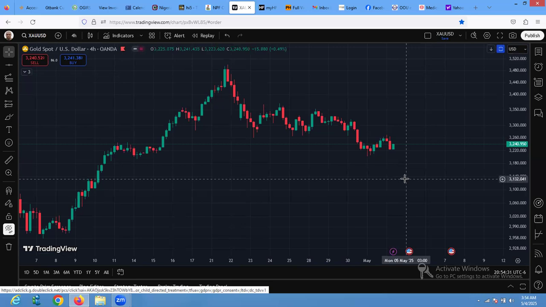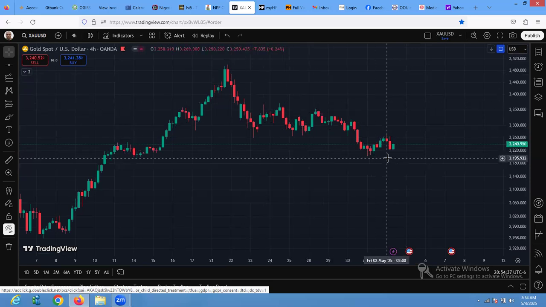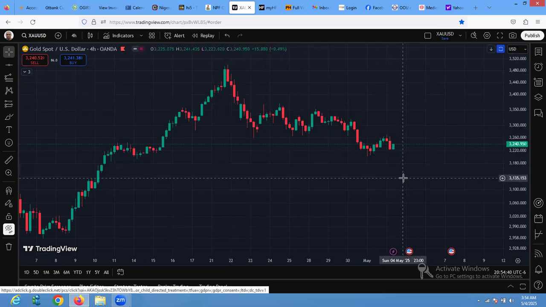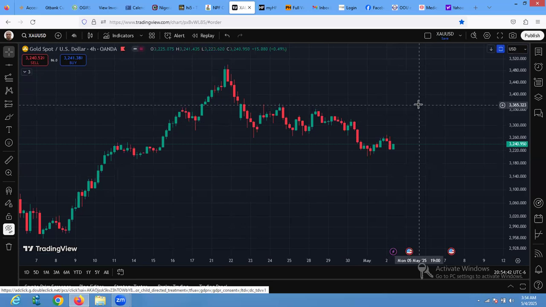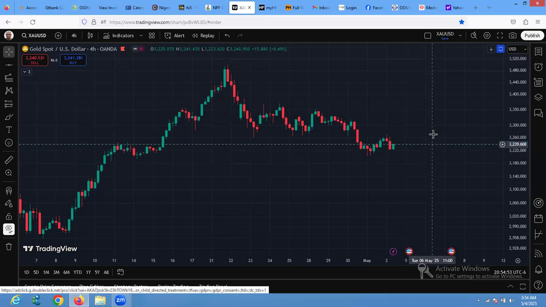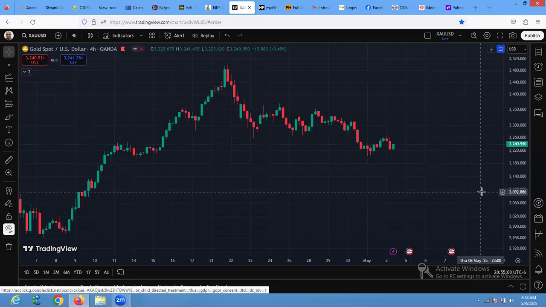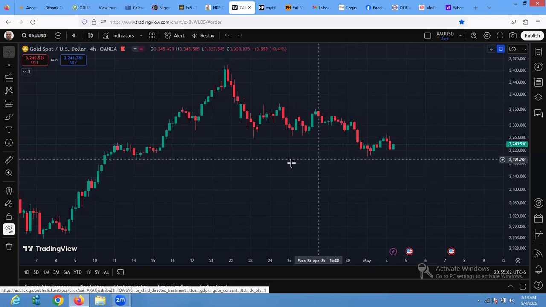We may see price fall to this area and complete an ABC of W. And if we get an X that probably will not break this top here, then from that 31.29 to the 30, we should be looking for a buy setup. And if that goes up, we'll see again if around this area we'll get a sell setup to sell Y. That's what I can say from now.